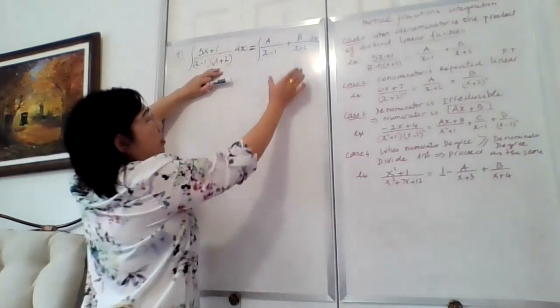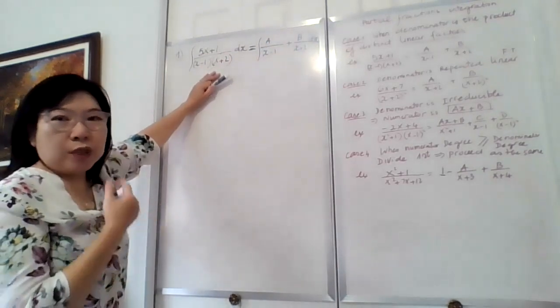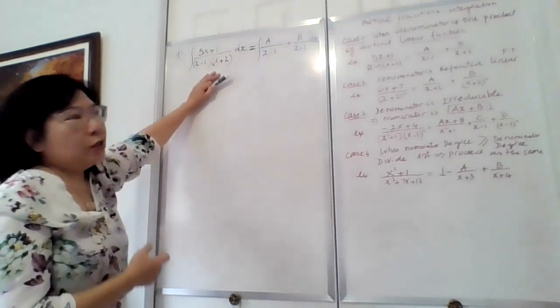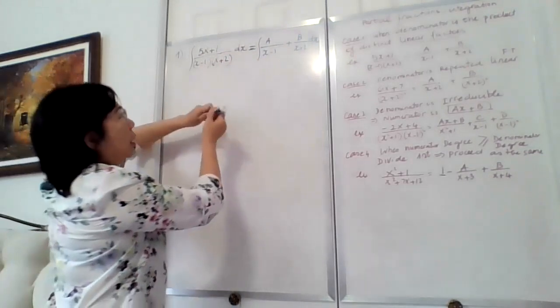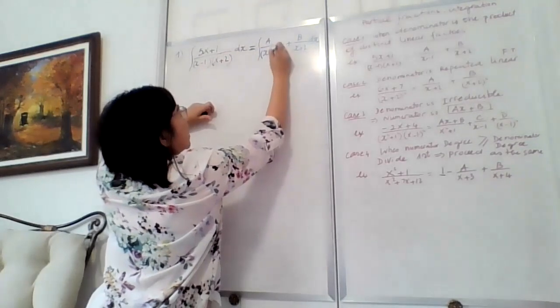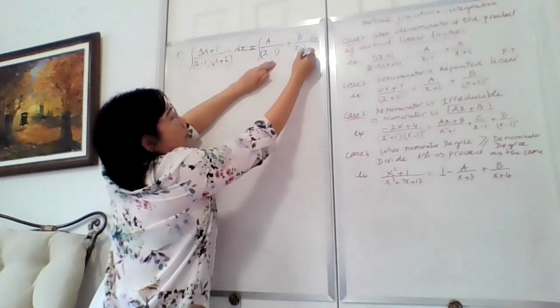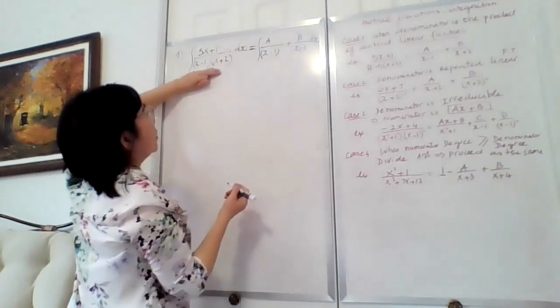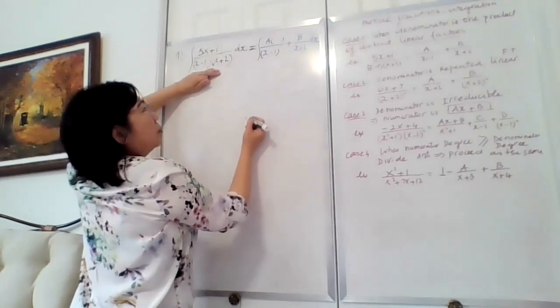Our purpose is to solve for A and B, then substitute into the function. So I just focus on the numerator. But based on the rule of fractions, when I add fractions, this has to be multiplied with this to get the same common denominator, which means I do the same for the top.